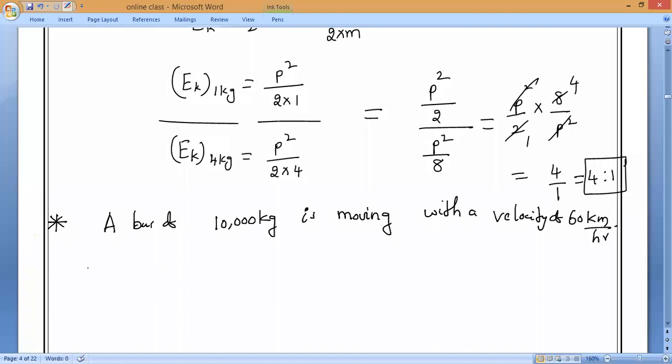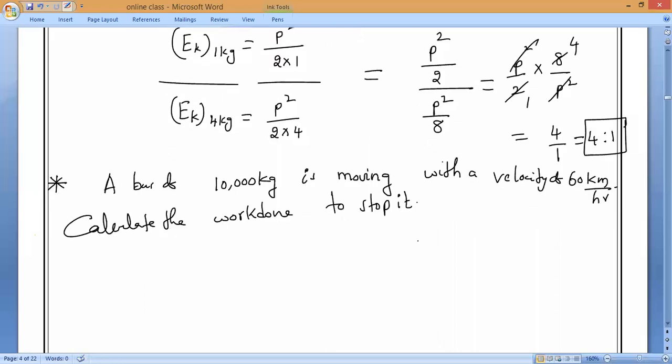Calculate the work done to stop it. To stop means what is the final velocity? Zero, sir. So to stop means final velocity becomes 0 meter per second.